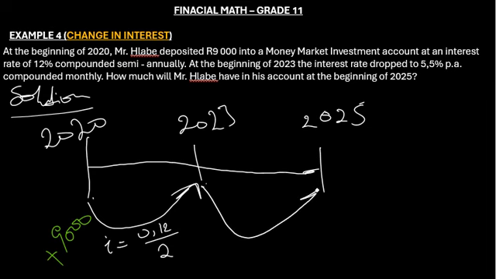So we have our i equal to 5.5%, which is the same as 5.5 divided by 100, which is 0.055. We divide 0.055 by 12, compounded monthly, the number of months in a year. So how much will Mr. Hlabe have in his account at the beginning of 2025?